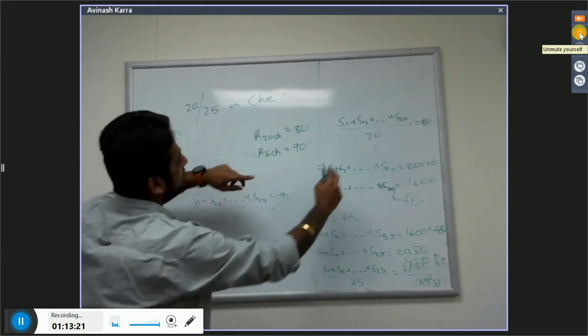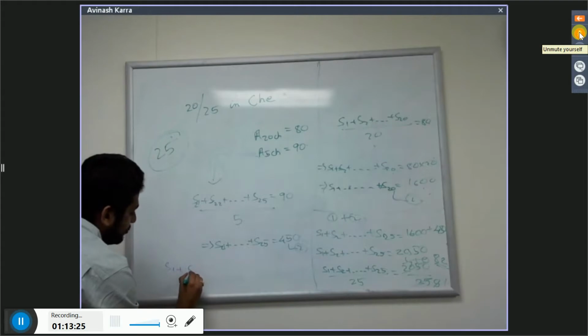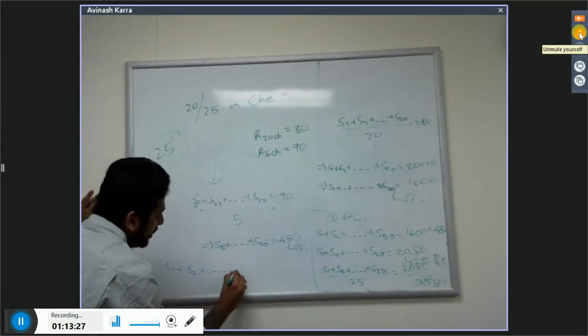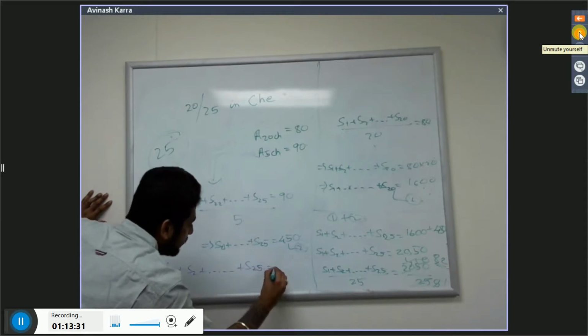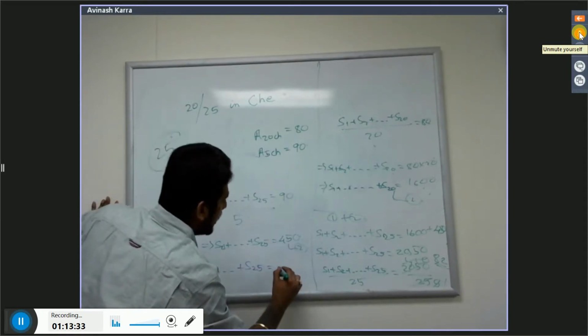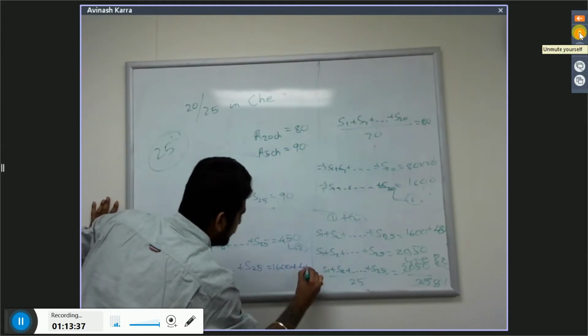When I add these both, I'll get S1 plus S2 plus so on plus S25 is equal to 1600 plus 450.